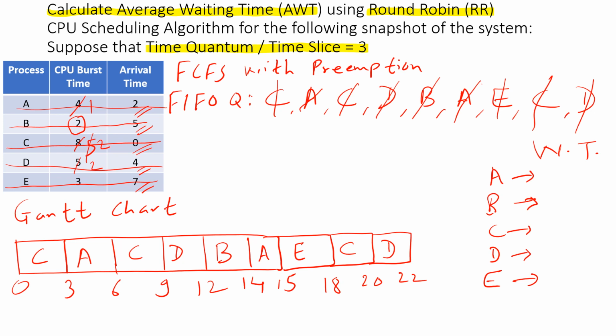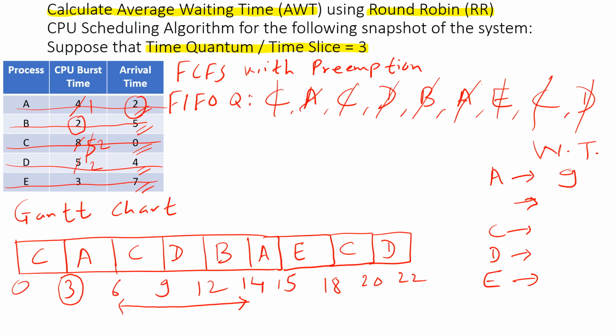A came at 2, as you can see here. A came at 2, got CPU at 3, but didn't finish. From 6 to 14 it was waiting. So for how much amount of time did it wait? 6 to 14, the difference happens to be 8. Okay, for 8 time units it was waiting.